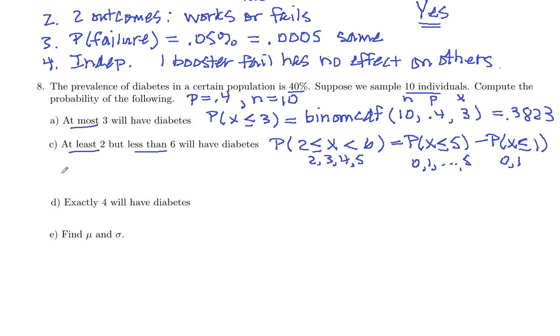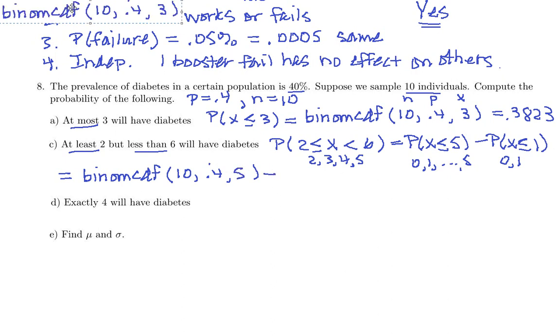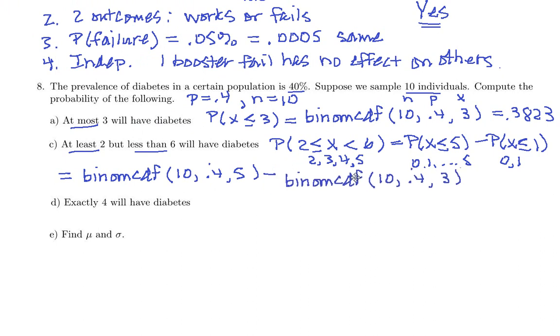And that's going to leave our 2 to 5. So this will be our binom CDF again. So let me just copy that. So 10 trials, P is 0.4, but now our X is going to be 5 minus, and then we're doing 0 to 1.